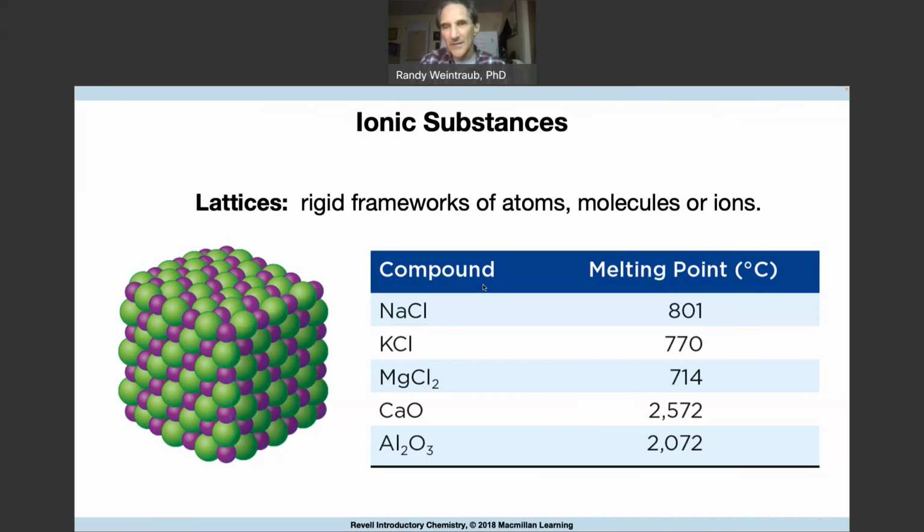And because these interactions between the ions are so strong, it takes a tremendous amount of energy to disrupt these networks. The result is that most ionic compounds have very, very high melting points. These substances tend to be very hard and very brittle.